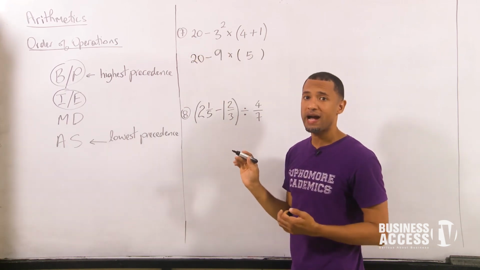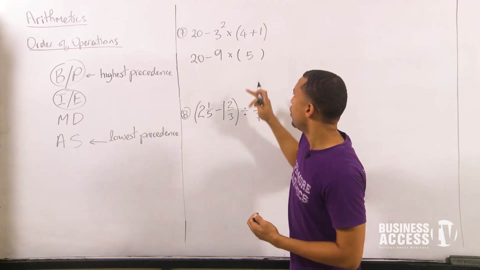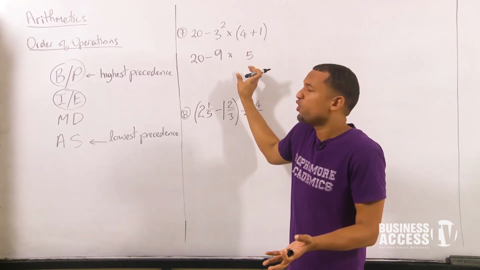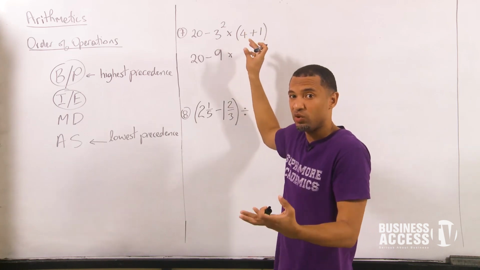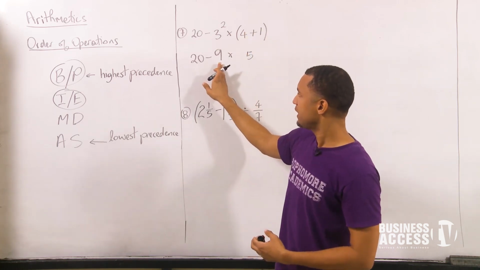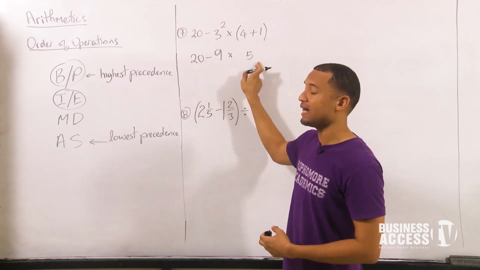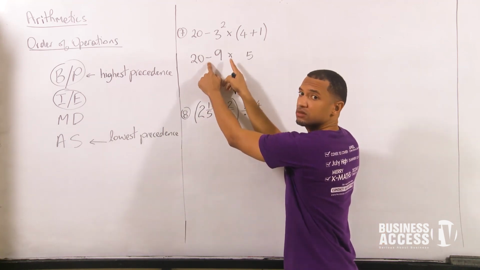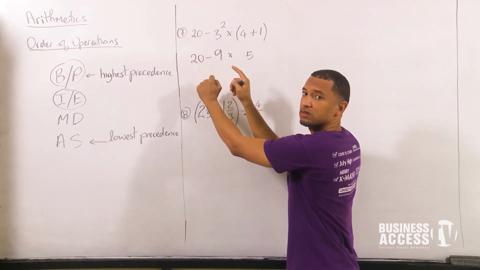So this is where we're at, all right? Now, you can remove the brackets because there's no need for it. It's not saying that there's something going on in there. So what are we left with? 20 minus 9 times 5. Guys, which one takes higher precedence? The multiplication.